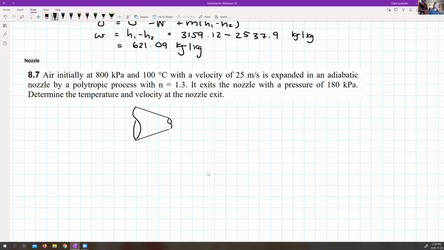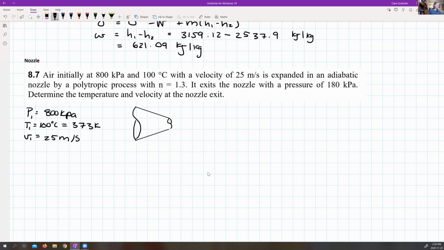So let's just organize my knowns and unknowns. I know that I have a P1 of 800 kPa. I know that I have a T1 equal to 100 degrees C, which is 373 Kelvin. And I know that I have an initial velocity of 25 meters per second.